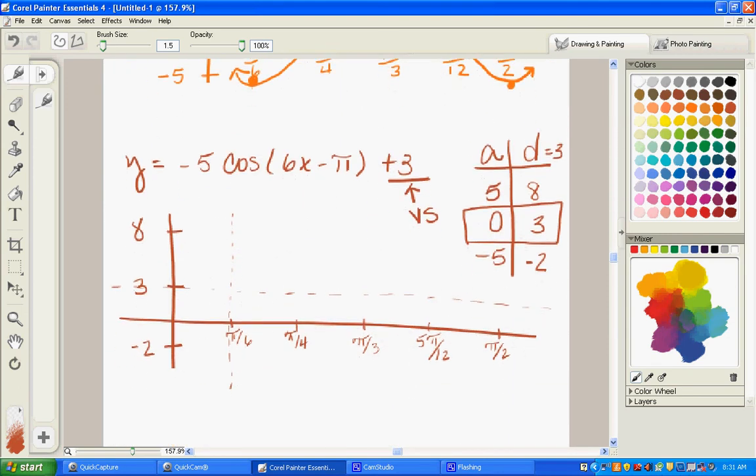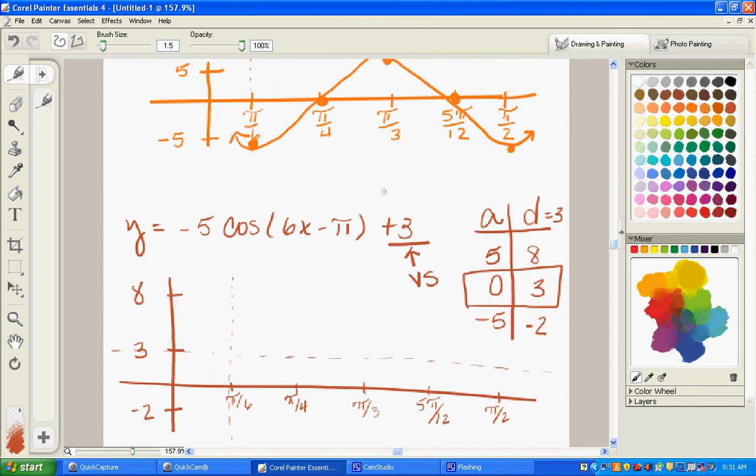Notice that the first key point should be at the minimum, just like it is up here in the orange graph. So pi over 6, -2 is our first point of interest. Pi over 4, 3; pi over 3, 8; 5 pi over 12, 3; and pi over 2, -2 are going to be the key points on this cosine graph.